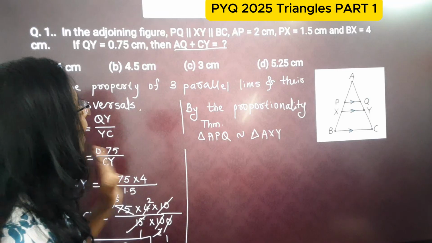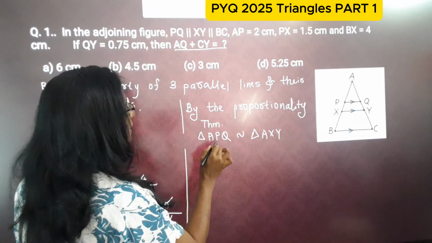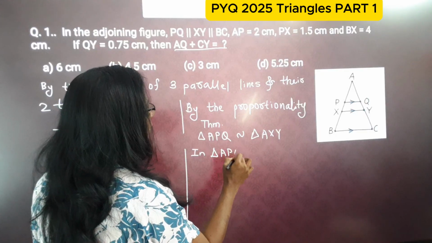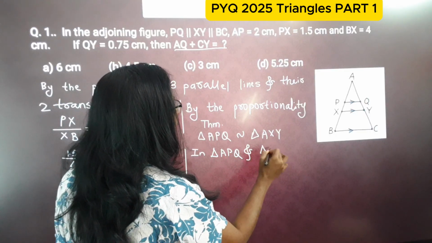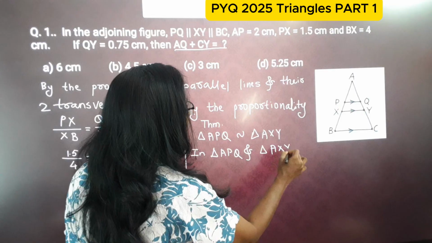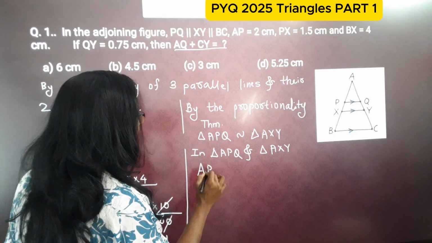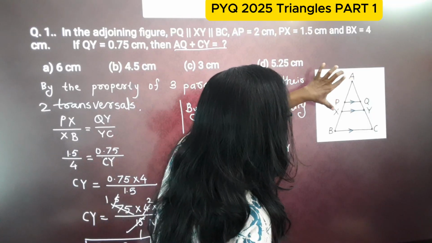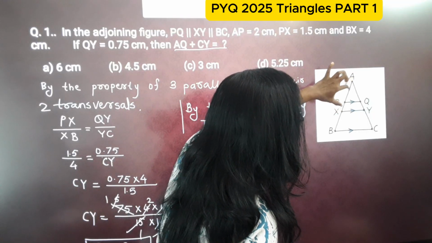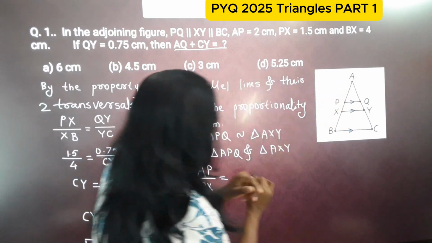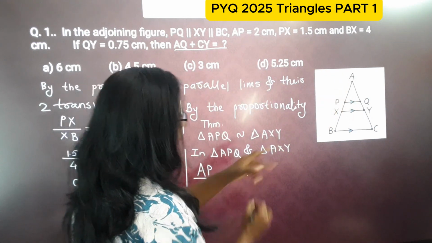So now students, these triangles, triangle APQ and triangle AXY, are similar. By the basic proportionality theorem, AP upon PX is equal to AQ upon QY.